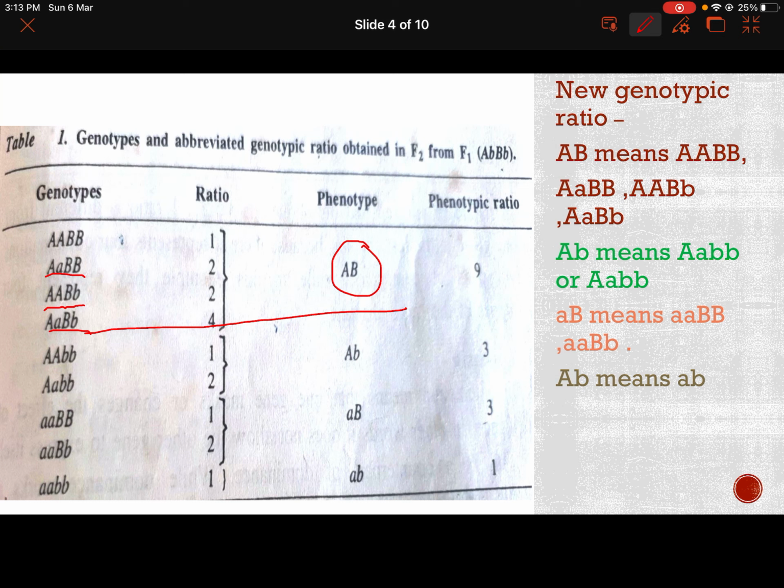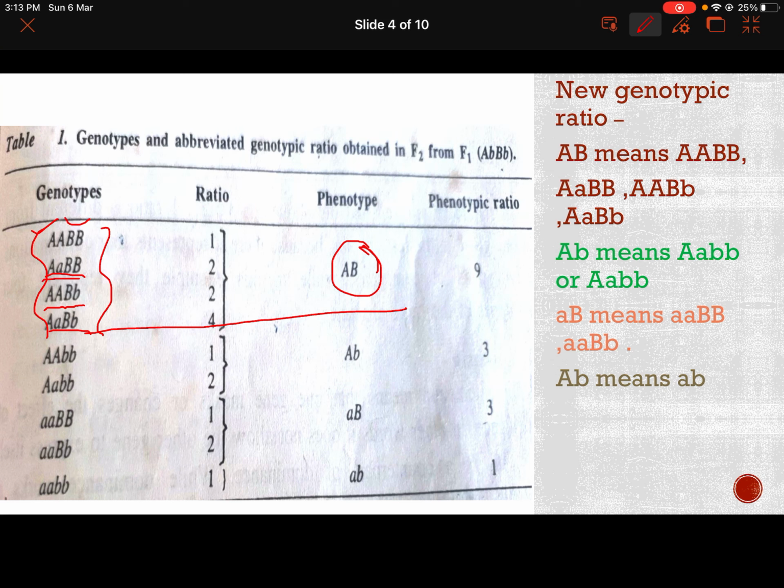It means that whatever phenotype arises when one capital A and one capital B are present, these 4 will also be the same, because in these 4 genotypes, one A and one B will always be present.